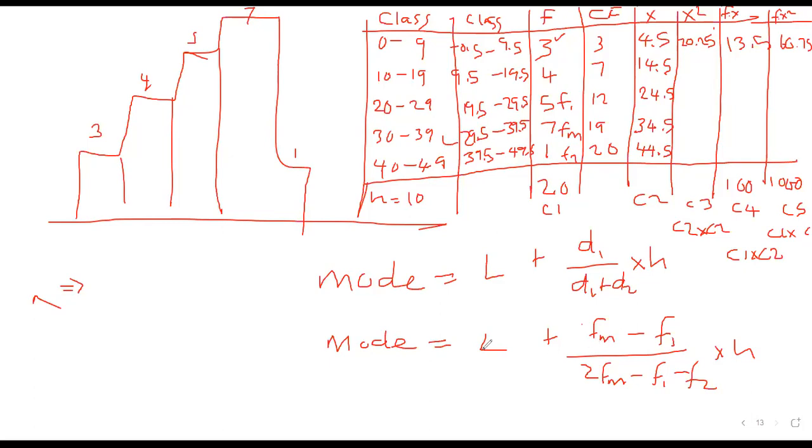So we're going to have L is 29.5 plus (Fm is 7 minus 5) over (2Fm, 2 times 7, minus 5 minus F2, which is 1), times the height of 10. So here you get the answer.